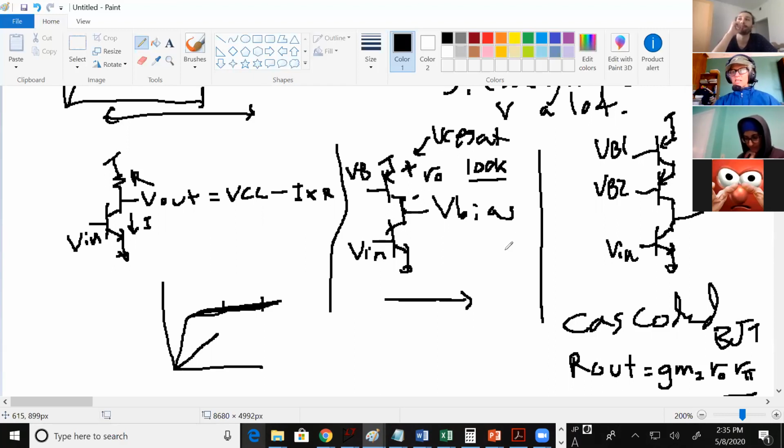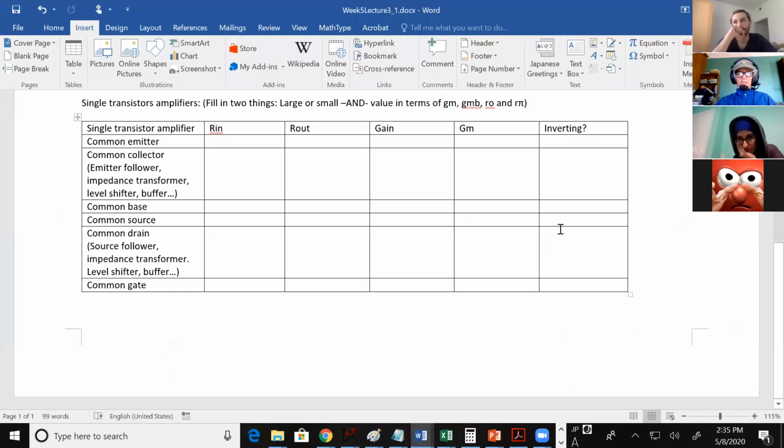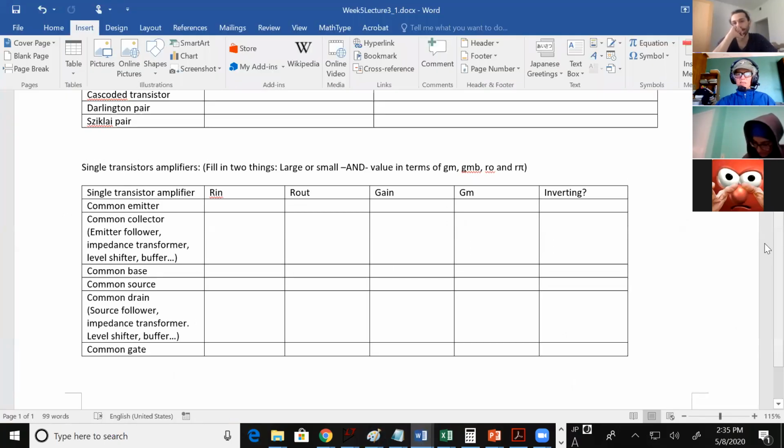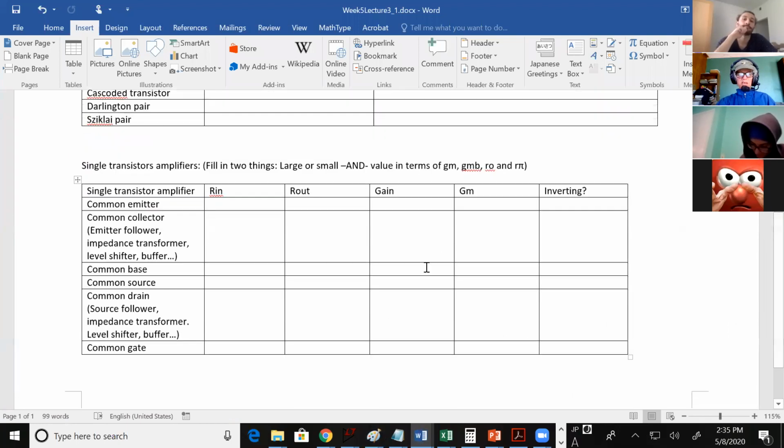And to do that, I put a handout up on not Polylearn, Canvas. It's a Word document, and it looks like this. And we'll fill this table in Monday.